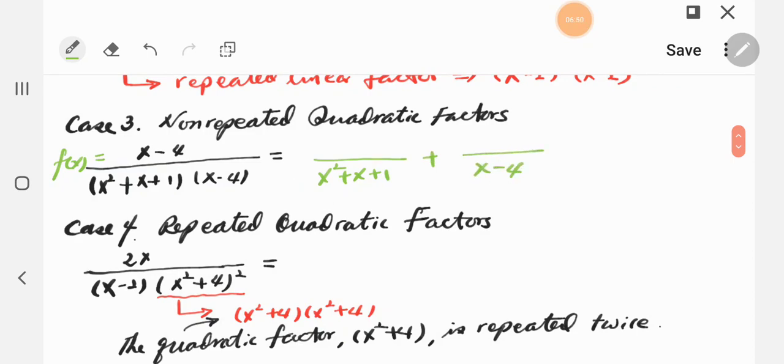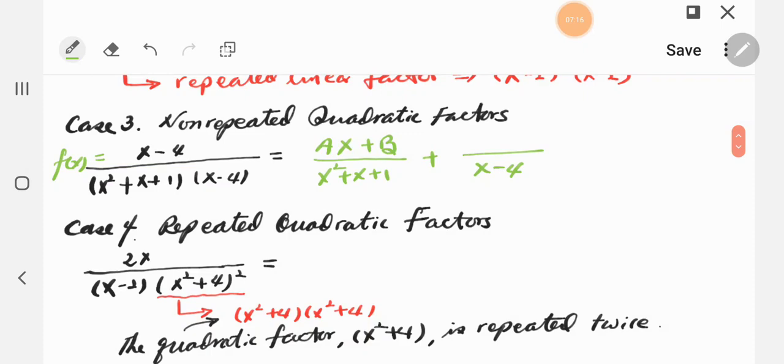Since for the first fraction the denominator is quadratic, the numerator should be linear, one degree less than the degree of the denominator. So it will be ax plus b.